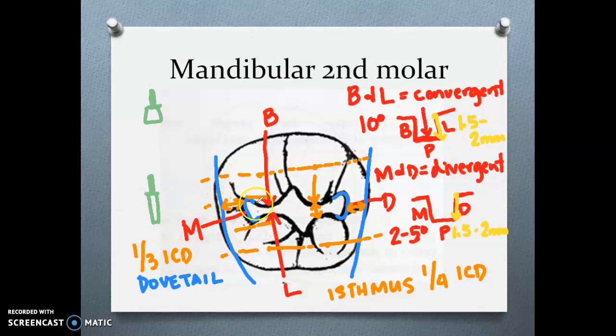For the isthmus, divide by 4. So approximately 1/3 of the intercuspal distance is approximately 2 millimeters. And 1/4 of the intercuspal distance is approximately 1 millimeter.